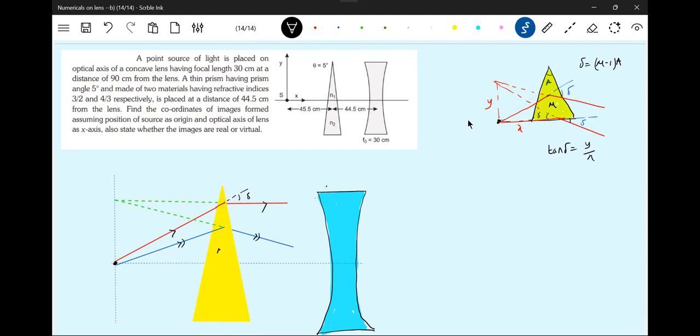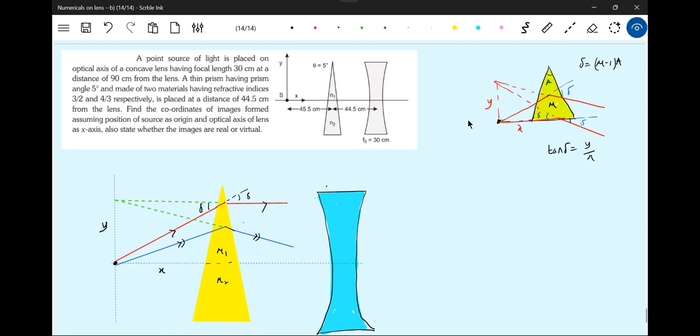Of course, the refractive index of the upper part is mu1 and the lower part is mu2. The deviation produced by the upper and lower parts will be slightly different here. Let it be different. If this is delta, this will be delta. Call this y, this x.